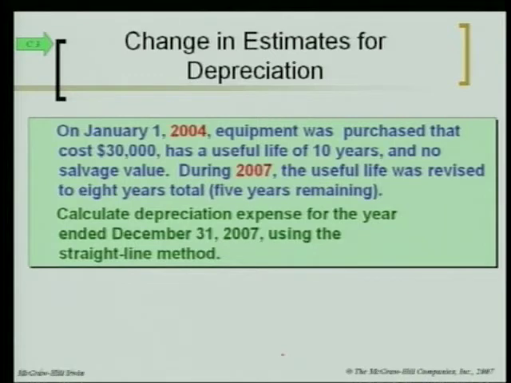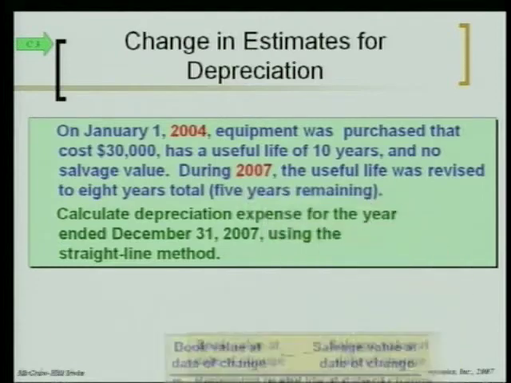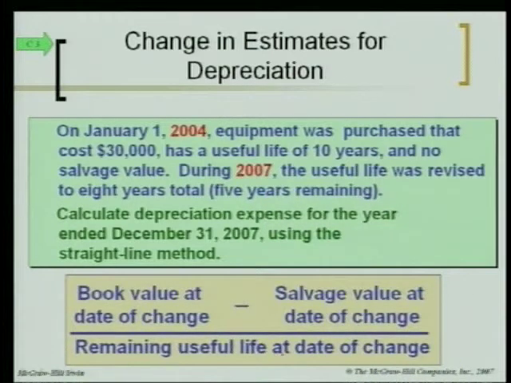Calculate depreciation expense for the year ended December 31, 2007 using the straight line method. Okay? Well, the formula that we're going to use is the book value at the date of change minus the new salvage value, if we have a new estimate, divided by the remaining useful life.